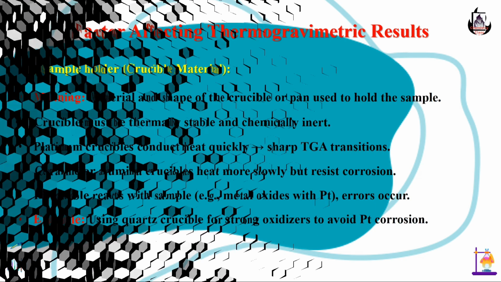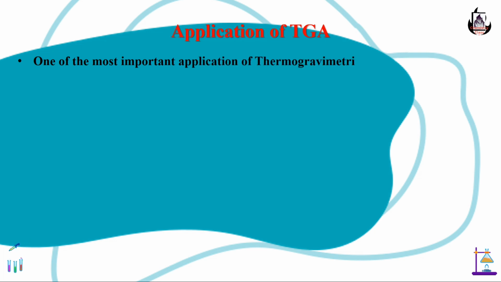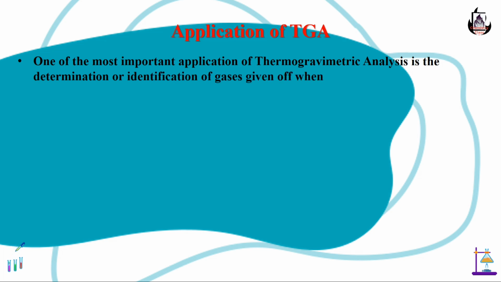So, till now we have discussed introduction, principle, instrumentation, working, and factors affecting TGA curves. Let us now focus on applications of TGA. One of the most important applications is determination or identification of gases.